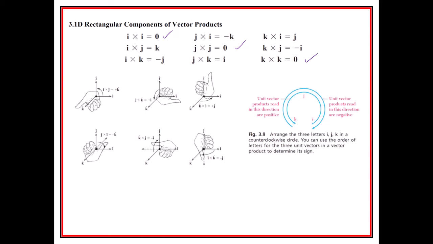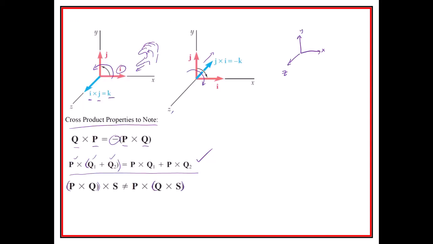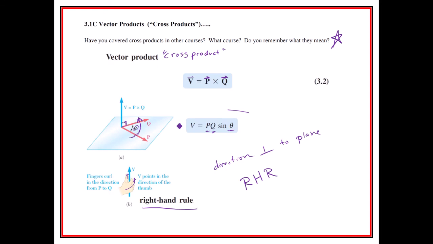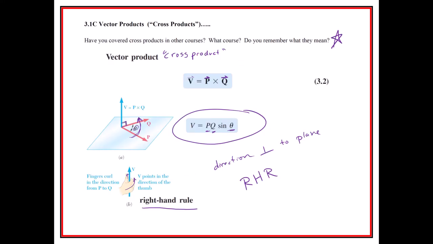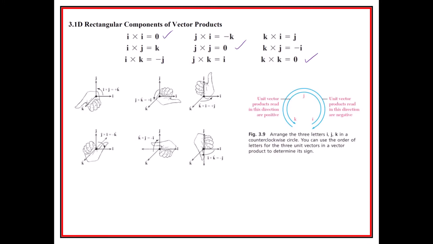For one thing, you could use this as your rationale. Theta right here is going to be either 0 or 180 actually to each other, so it doesn't matter which one it is. Either way, the sine of 0 or 180 is equal to 0. So therefore, crossing against each other just kind of makes sense.